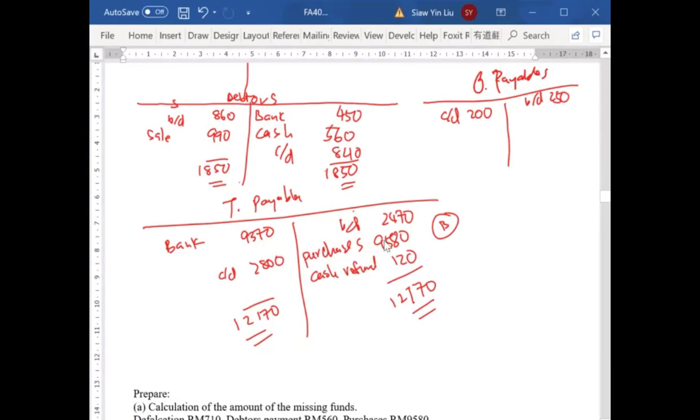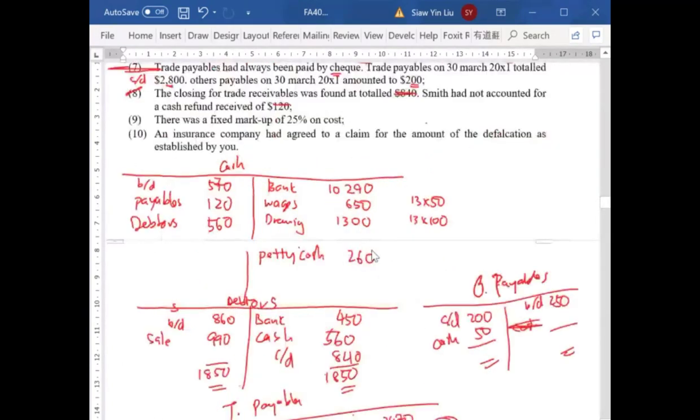Now this has nothing to do with the cash account, but if you look at this, the balance normally means that you pay them, because the question never mentioned anything. Sorry, it should not be inside cash here. So the difference is 50, right? So that means you pay them. Are you guys clear? Because if it is on the credit side, maybe there will be other items if you increase, but now it's decreased. So on this side you have a 50 payment, 150 here. So this one, you add on another 50, other payable.